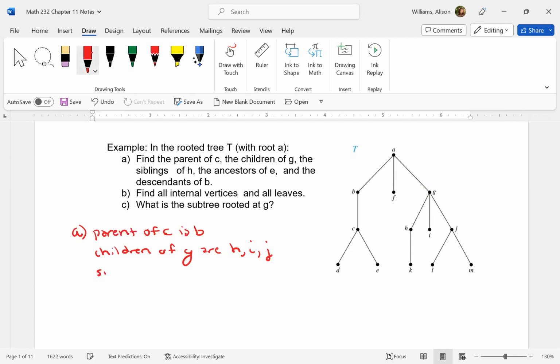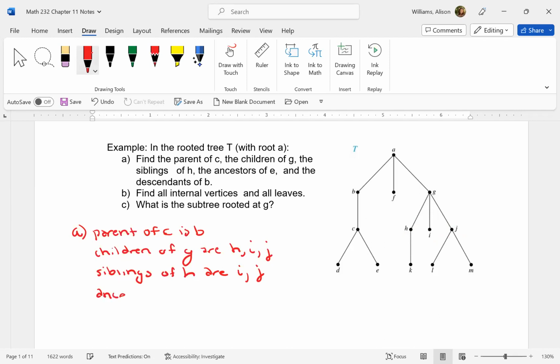Siblings of H. Okay, so here's H. Those are vertices that are connected to the same parent. So I and J would be siblings.